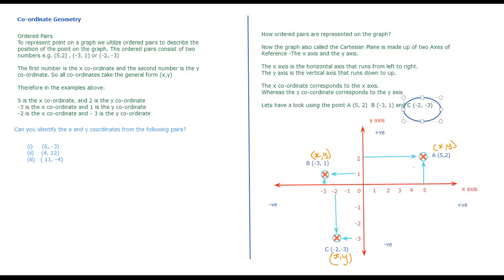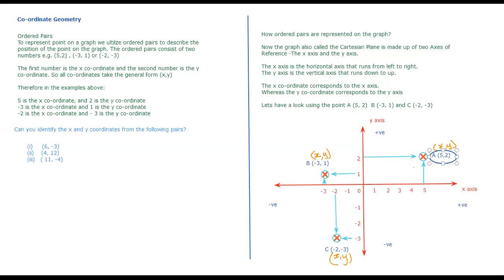Heading off with A, it has an x coordinate of 5, so I look for 5 on my x-axis, and then I look for 2 on my y-axis, and that point is supposed to line up directly with the 5 and the 2.